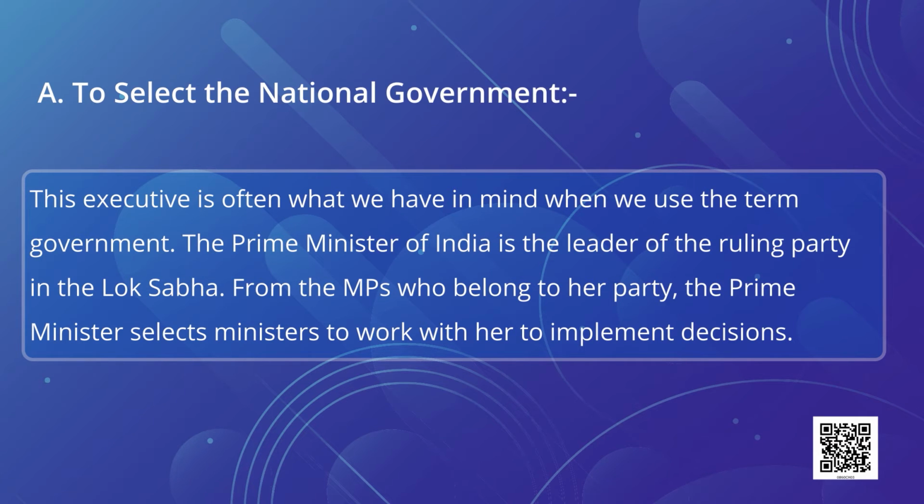The Prime Minister of India is the leader of the ruling party in the Lok Sabha. From the MPs who belong to her party, the Prime Minister selects ministers to work with her to implement decisions.